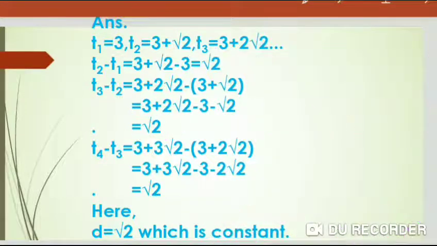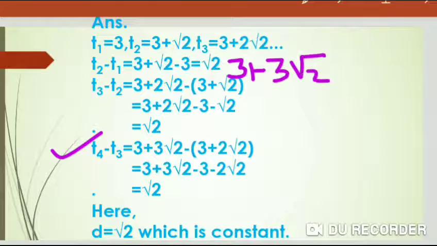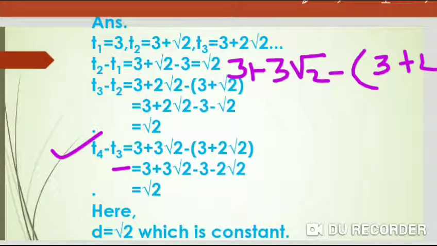Now see, in case of the next term, that means T4 minus T3. The value of T4 is 3 plus 3 root 2, minus the value of T3, which is 3 plus 2 root 2. Understand?